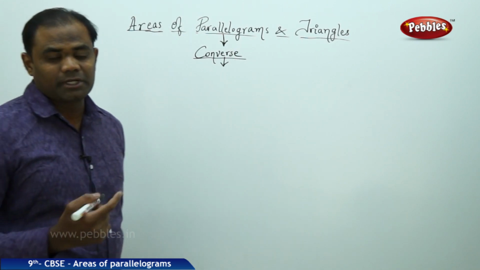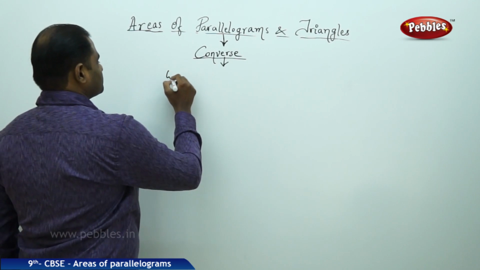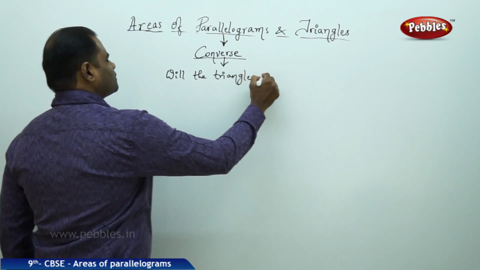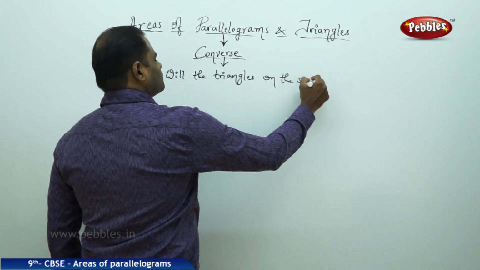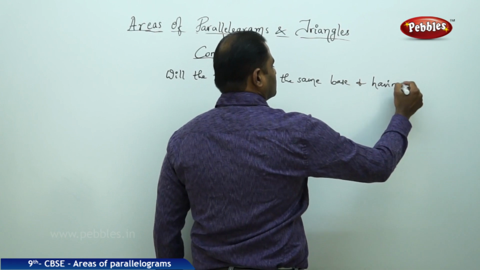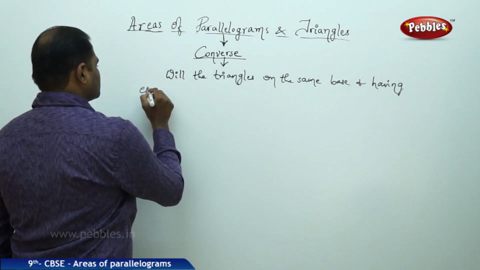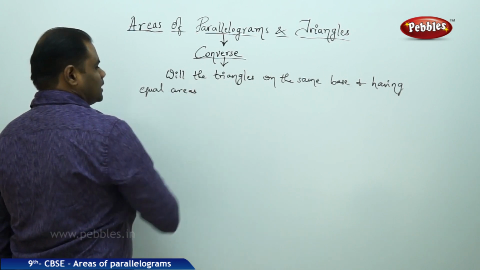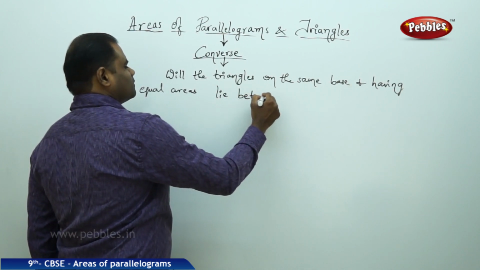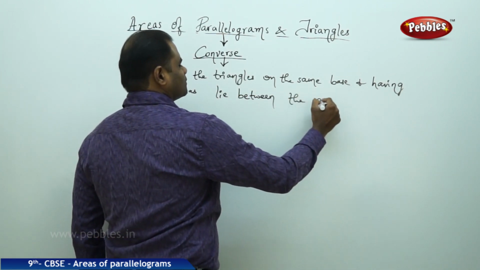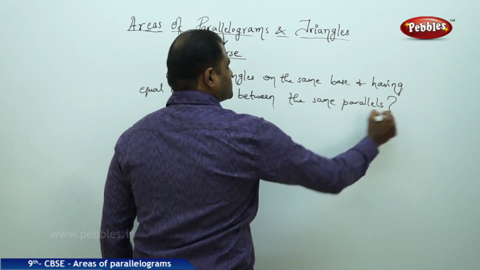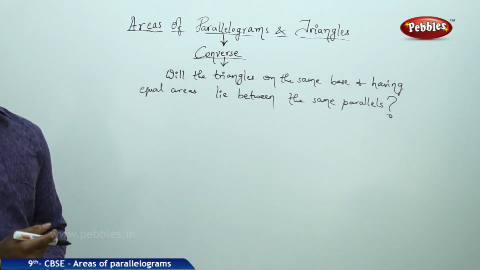My question which arises in the converse is, will the triangles on the same base and having equal areas lie between the same parallels? This is the biggest question I have here.